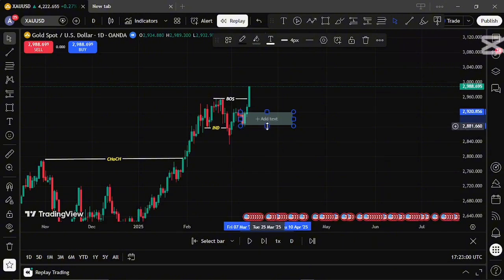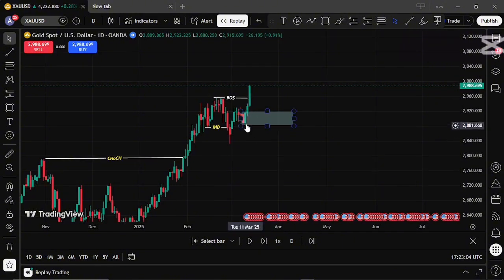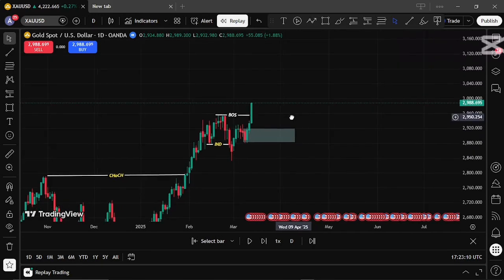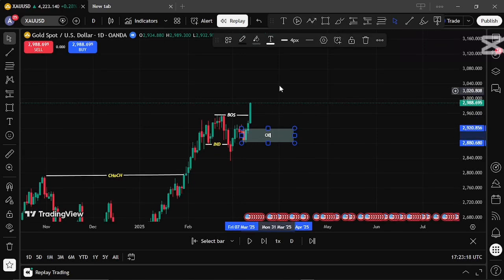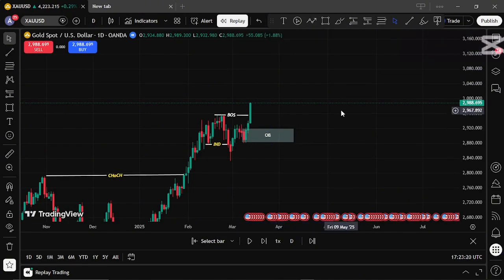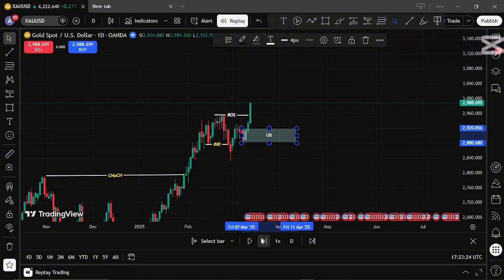That's why you even see that after a trigger and the order block, we had a strong move up, causing a first break of structure. So this was our order block. Okay, that was our order block, and clearly we can see how the market is moving.